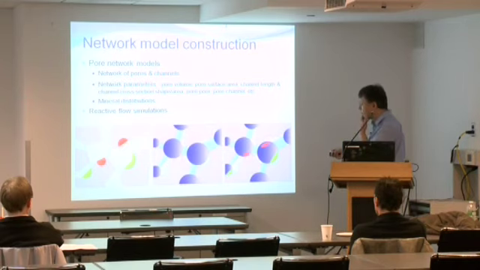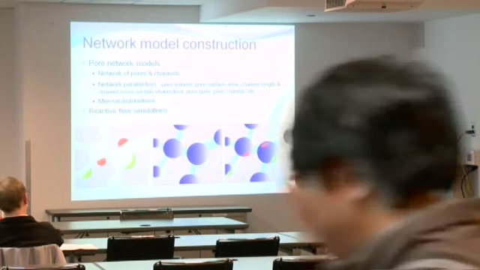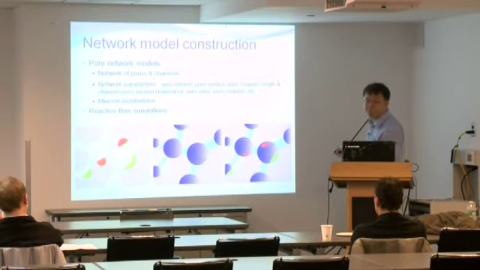And then we add the accessible mineral surface area to this network like this, the surface area of the red phase and the surface area of the green phase. And then this network is going to be used for the reactive flow simulations.